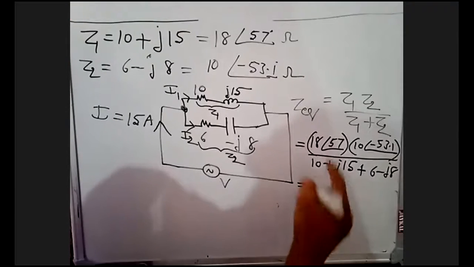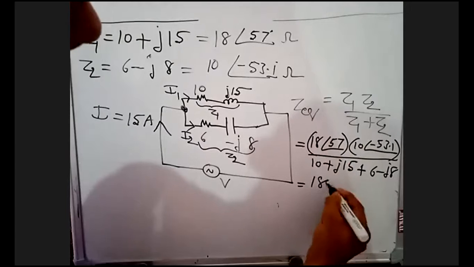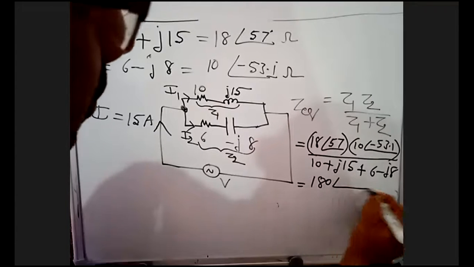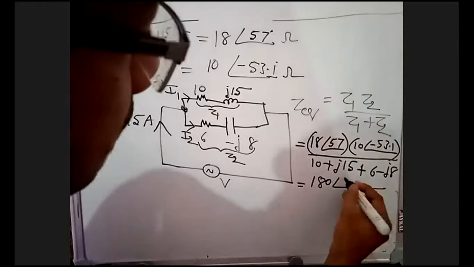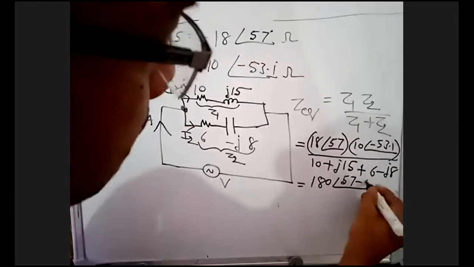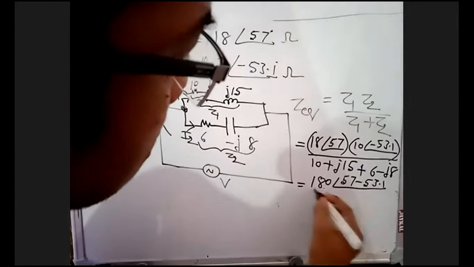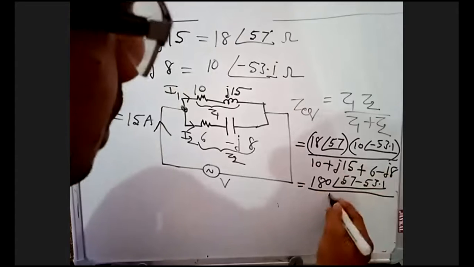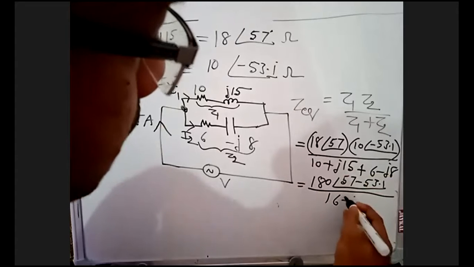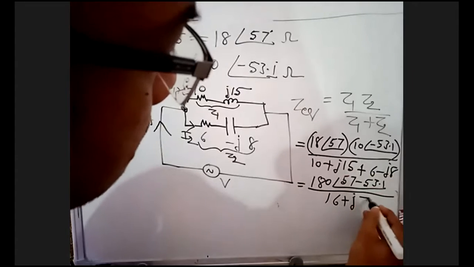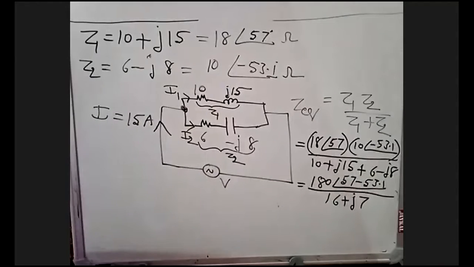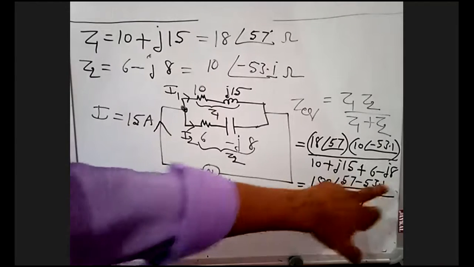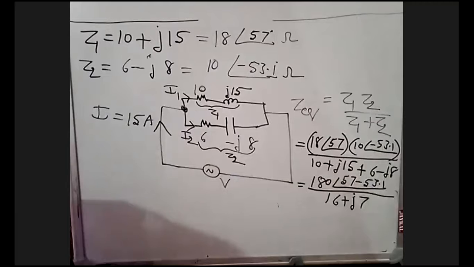Now 18 into 10 is 180, at angle 57 minus 53.1, divided by 16 plus J7. Add the real parts: 10 plus 6 is 16. 15 minus 8 is 7.